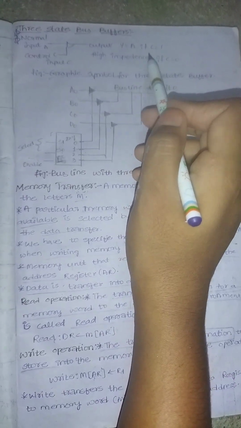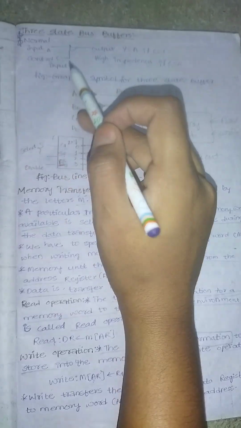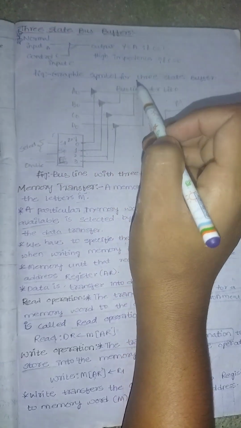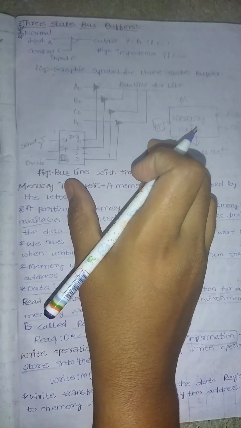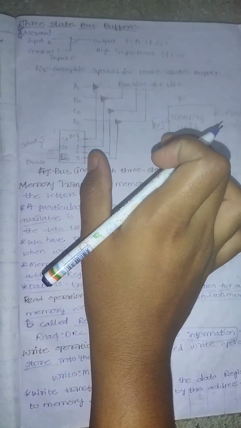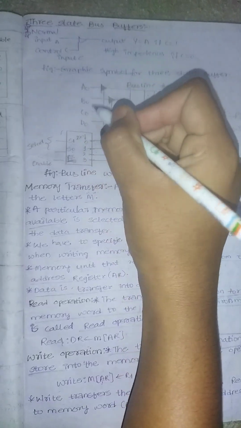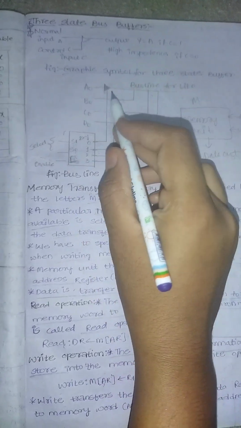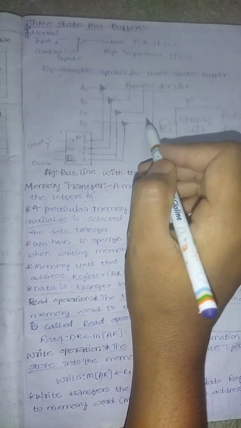This is the condition for the graphic symbolic representation of the 3-state buffer. This is a bus line for bit 0. A0, B0, C0, D0 are the 4 bus lines.